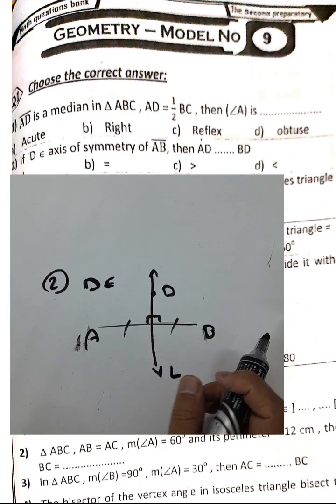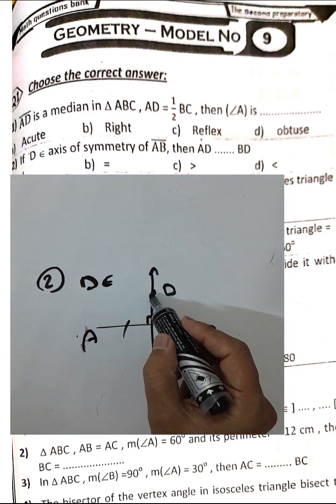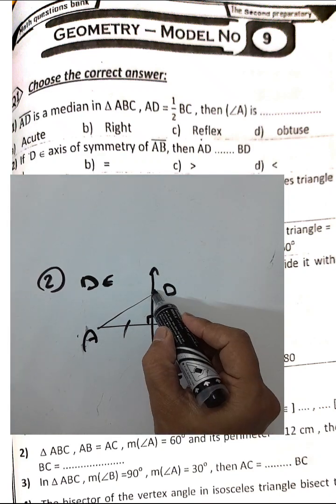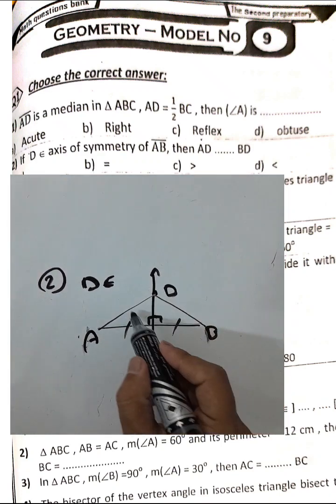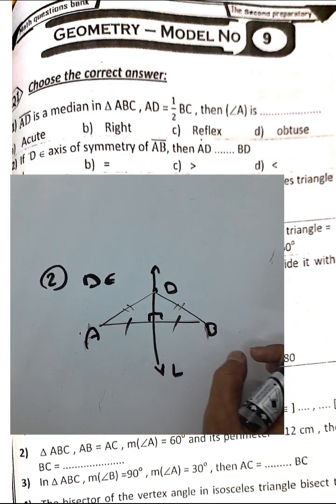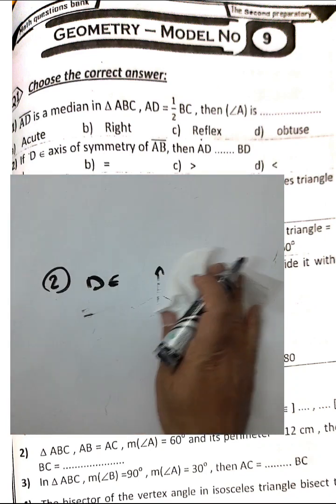And he tells us D belongs to the line of symmetry of AB. Then you can get the distance between A and D equals the distance between B and D. It will be equality. Then AD will be equal to BD. Choose letter B, equal to.